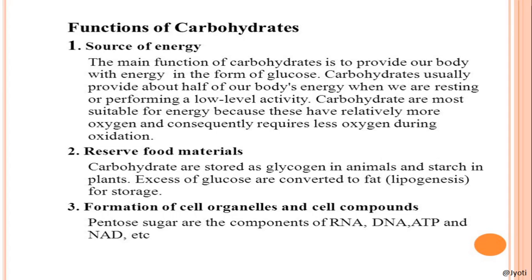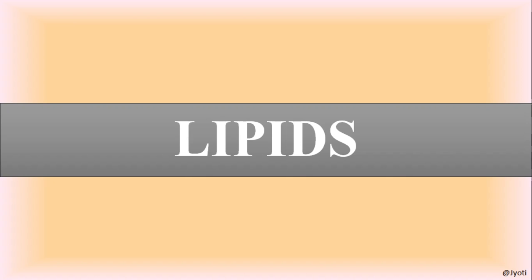So if excess glucose is there, then that will be converted into fat, and that process is called lipogenesis. Besides that, carbohydrates also help in the formation of cell organelles and cell compounds, like the pentose sugar, that is ribose sugar, which is a component of RNA, DNA, ATP, NAD, etc.